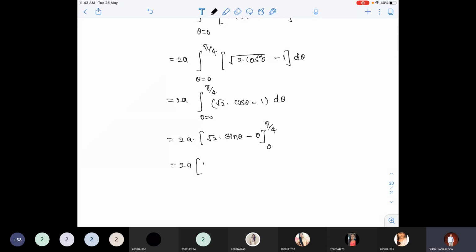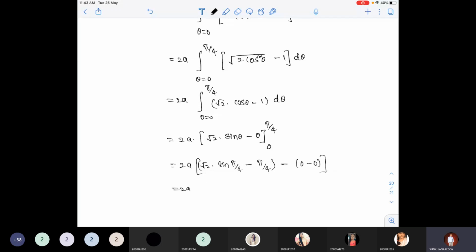Sleeping mode. Here, root 2 into sine. What is the value of sine pi by 4? First the upper limit, next minus pi by 4. For the lower limit, we get 0 minus 0 only. Leave that one.